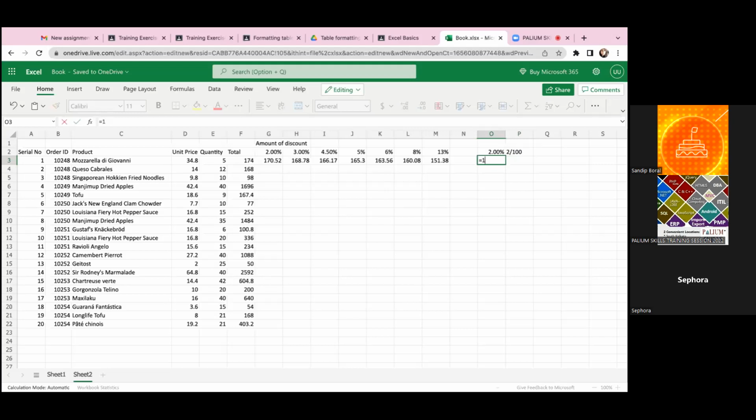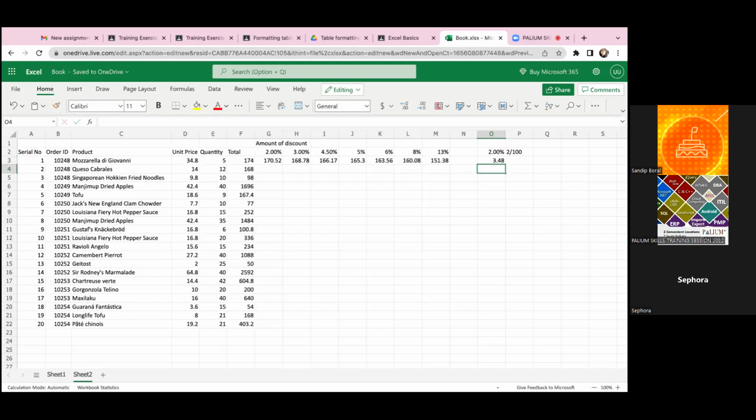Click on 174. No, don't write it. Click on 174 into, click on 2%. Press enter. 3.48. Is it correct? Yes, 3.48.